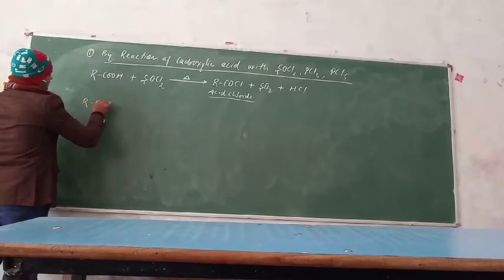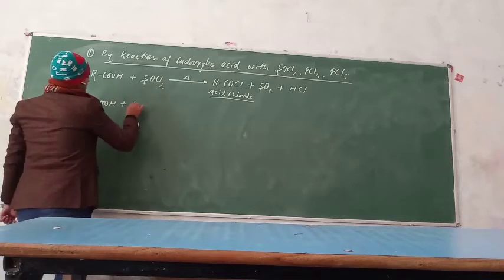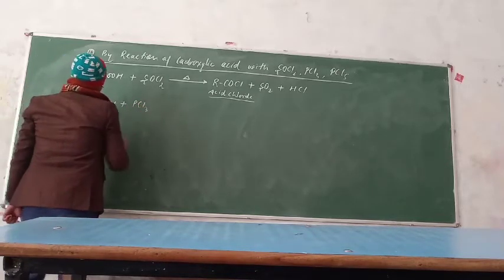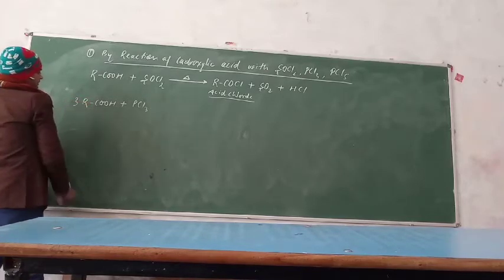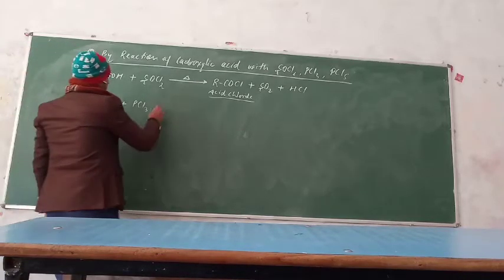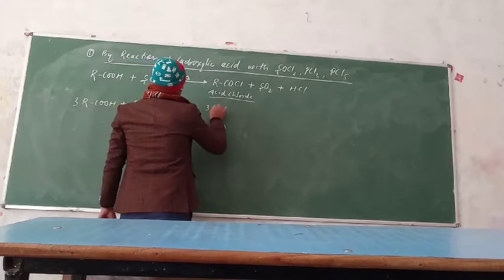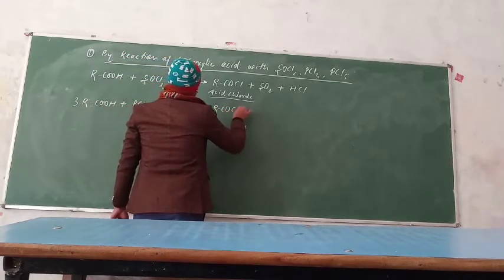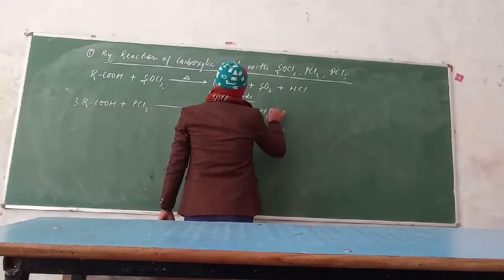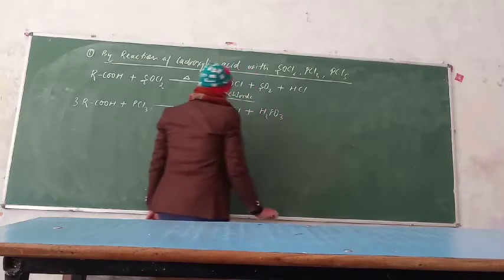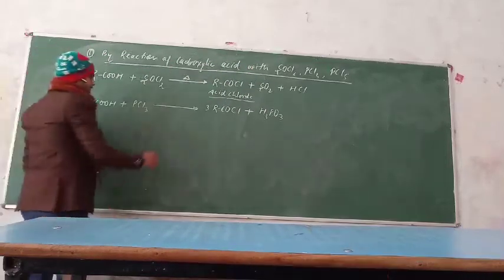Similarly, when the carboxylic acid is treated with the PCl3, then we get 3RCOCl plus H3PO3. This is the orthophosphorous acid and acid chloride.